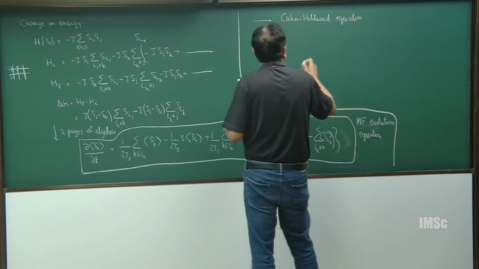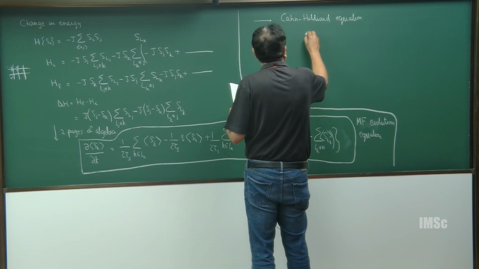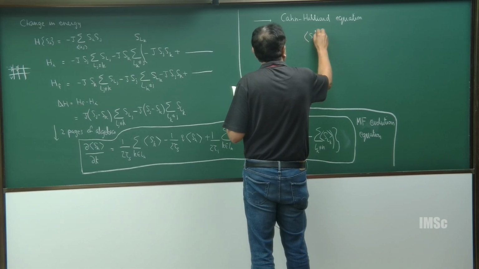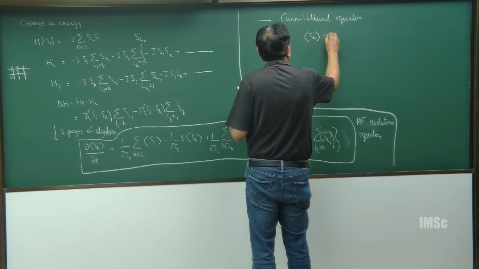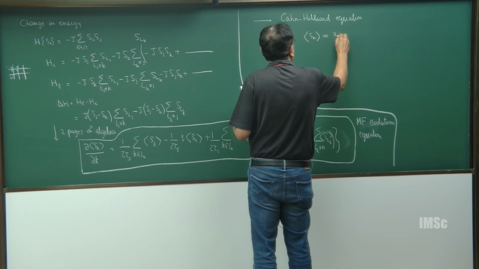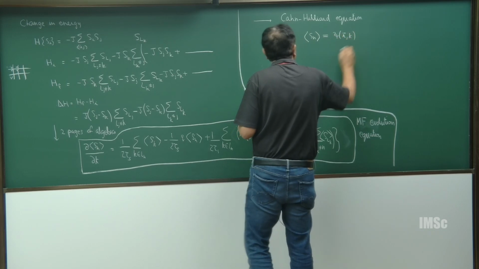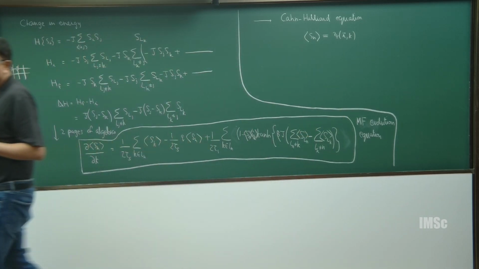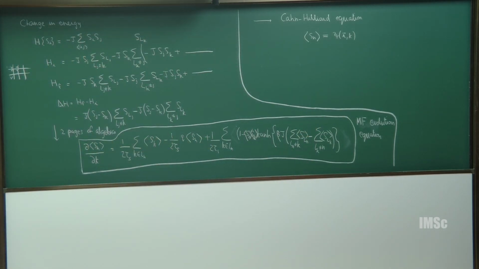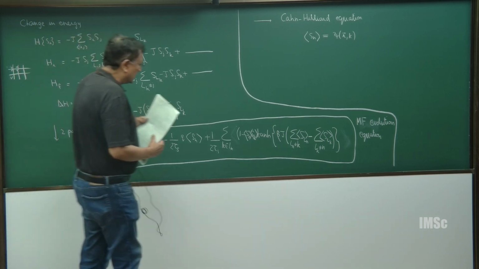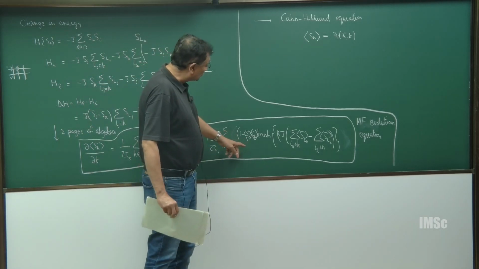The Cahn Hilliard equation is obtained by coarse graining, identifying Sn as an order parameter that depends on space and time. It depends on time because the system is a non-equilibrium system. In equilibrium, that dependence would go away. Certainly I'm not going to go through this on the board.